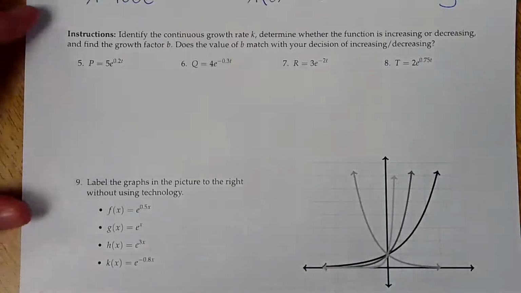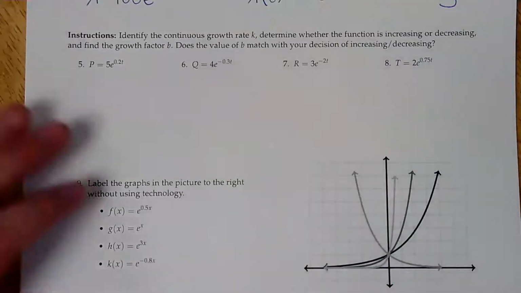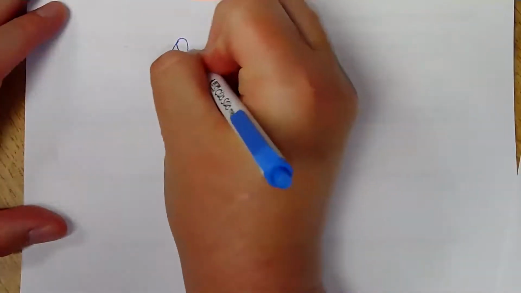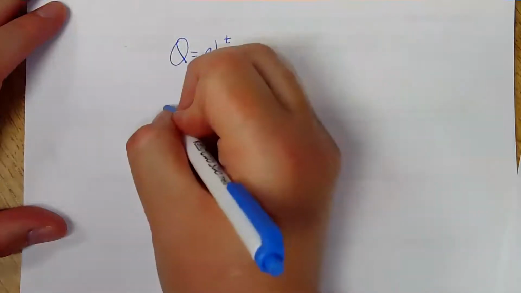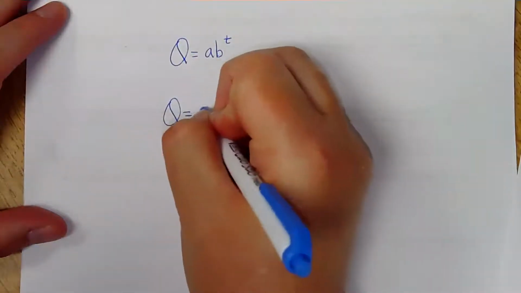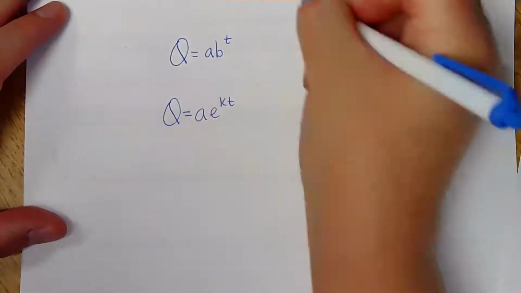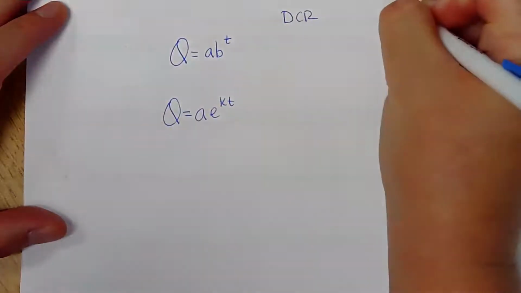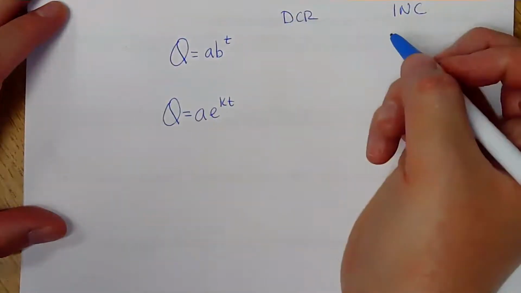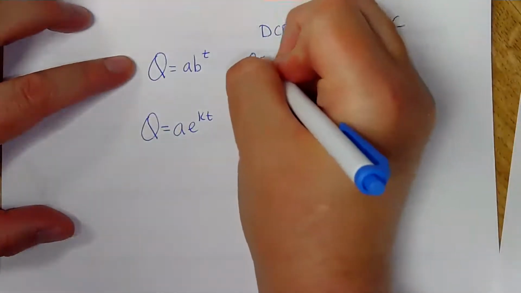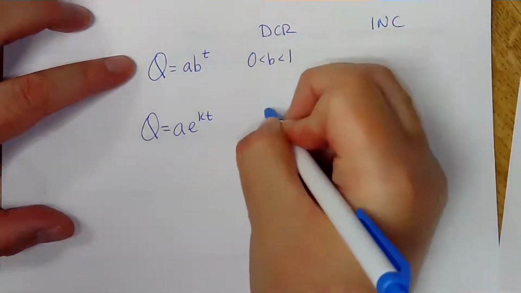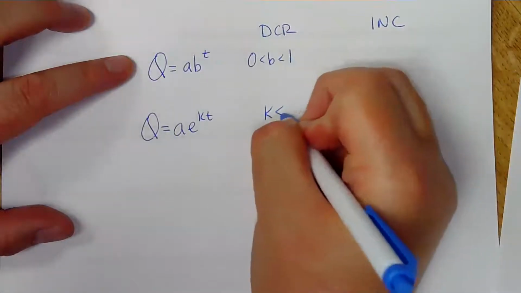Okay, and if you remember, the way that these rules work is if we're using this form, q is equal to ab to the t versus q is equal to ae to the kt, we know that it is decreasing if b is between 0 and 1, and if k is less than 0.